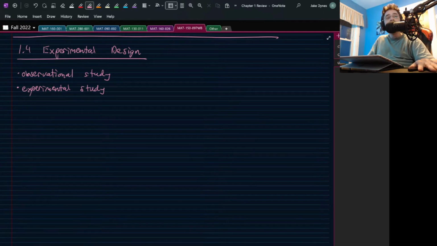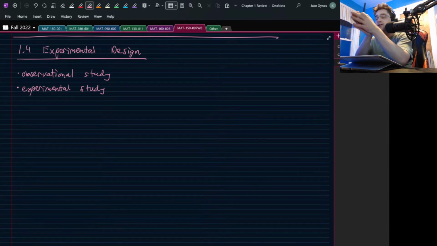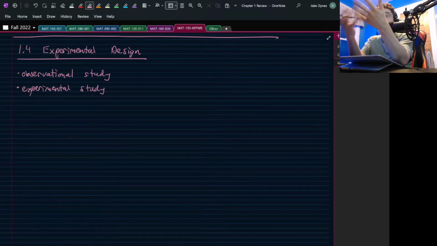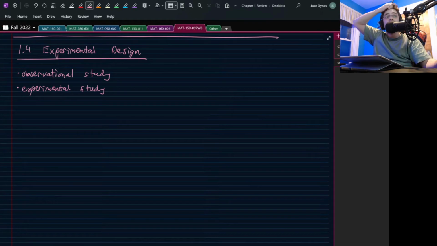In an experimental study, the researcher manipulates one of the variables and tries to determine how the manipulation influences other variables. So maybe it's like, they're trying to test this new drug, whether it works or not. They're doing essentially an experiment on their subjects. They're not just observing what happens; they're controlling what happens, and that's pretty much the difference there.